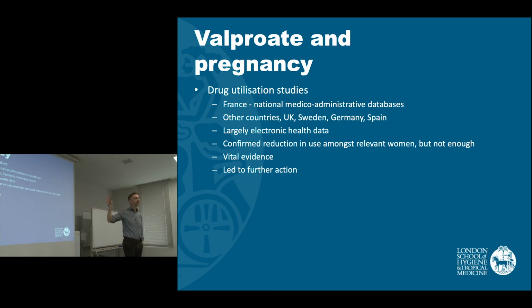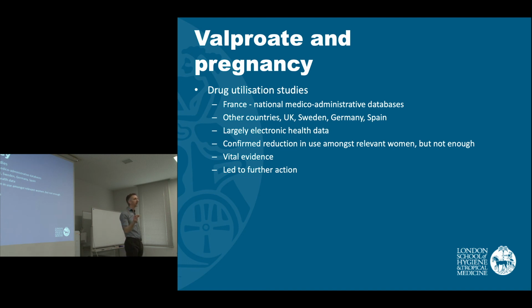They largely used electronic health data in each of these countries to do this research. And what it confirmed was that after 2014, when these risk minimisation processes were introduced, the use of valproate fell amongst the relevant women, but the regulators didn't think it had fallen enough. They thought there was still more usage in women of childbearing potential than there should have been.